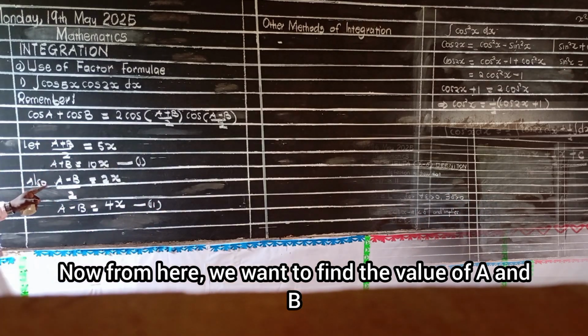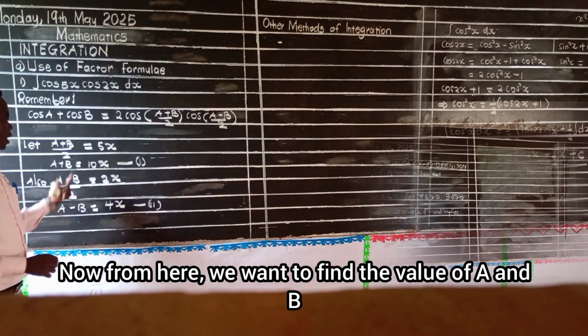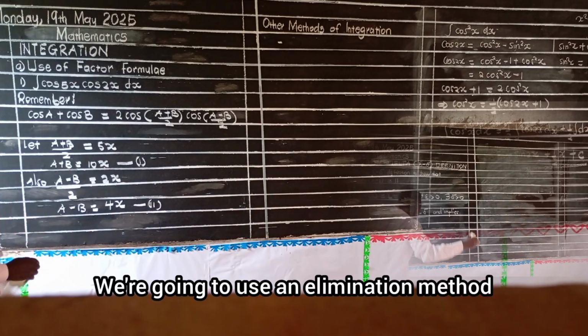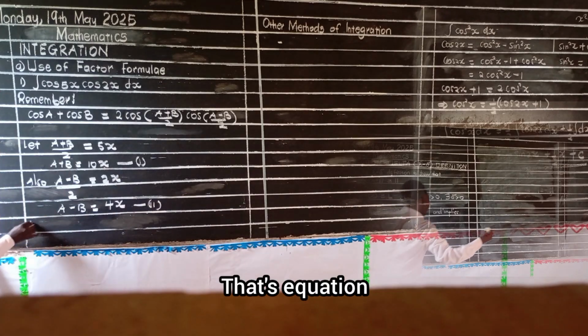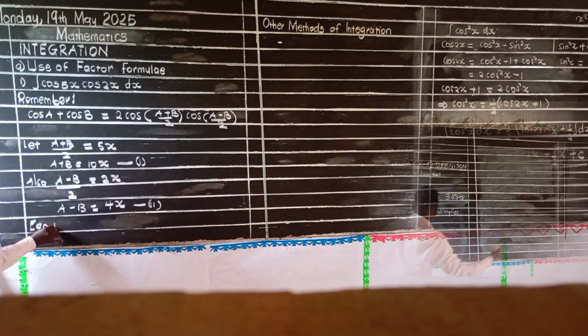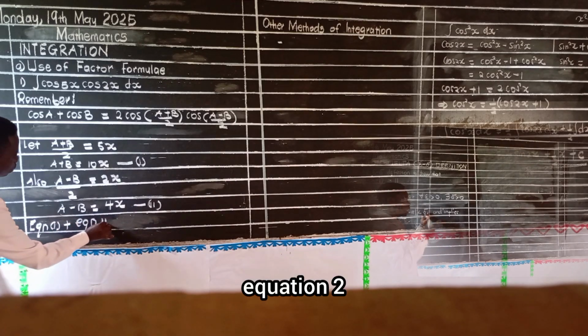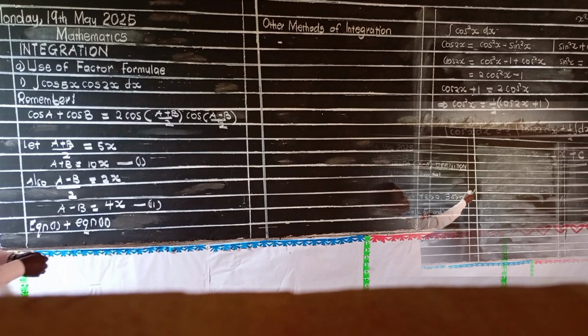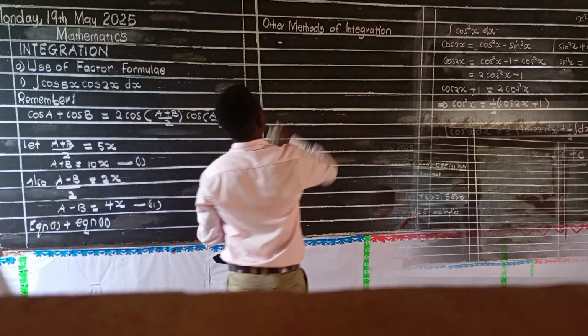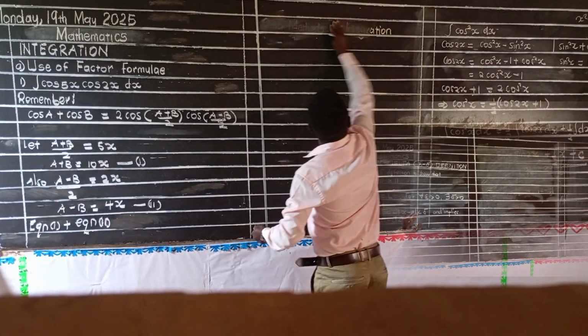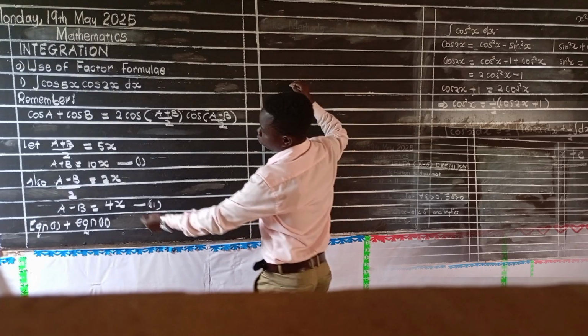Now from here, we want to find the value of A and B. We're going to use an elimination method. Equation 1 plus equation 2. So that's what we are going to do. Let's add up. What's equation 1?